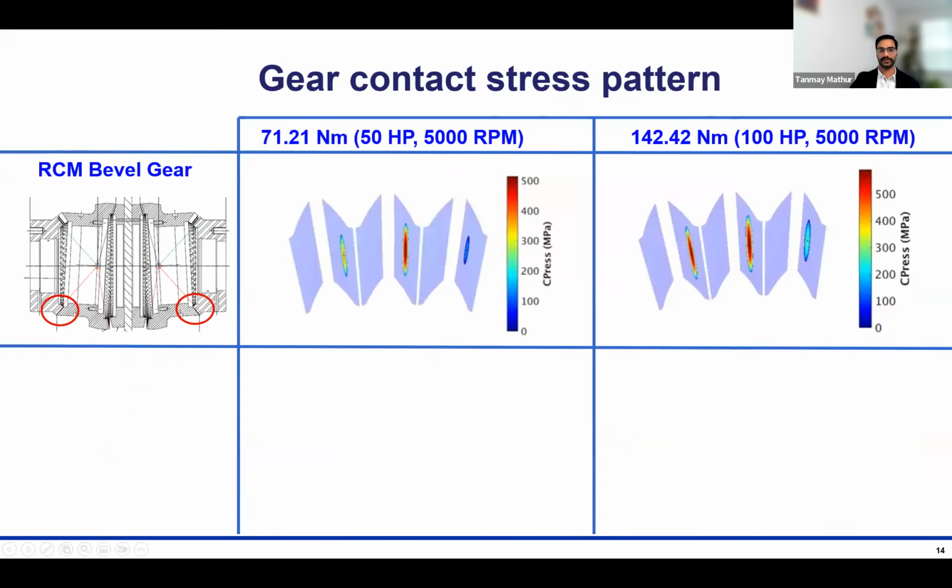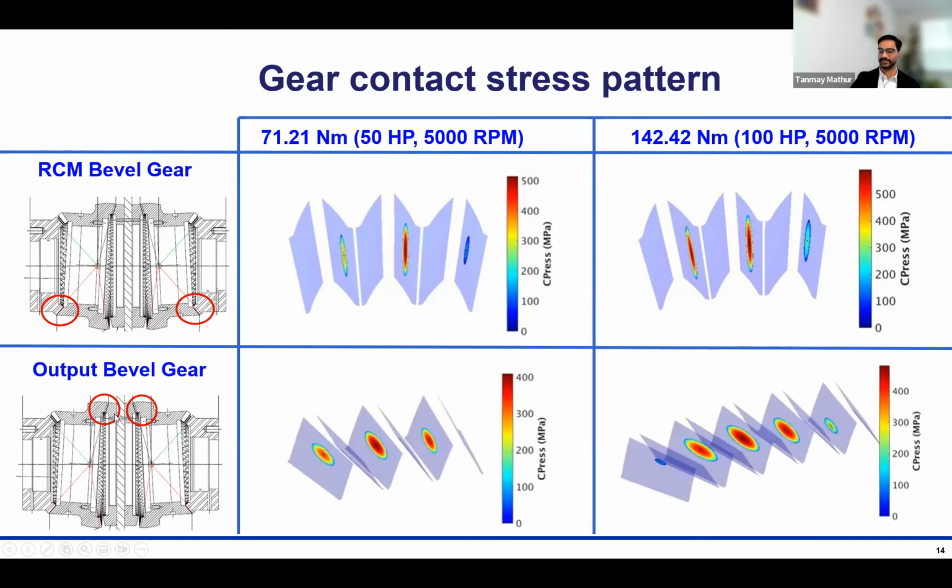Okay, some more results from the design tools that were developed during the design of this drive system. What's shown here is how the contact stress changes on this gear mesh as you increase the torque through this drive system. 3 teeth are shown in contact, and as you increase the power, there's still 3 teeth in contact, but the stress on each of these teeth increases.